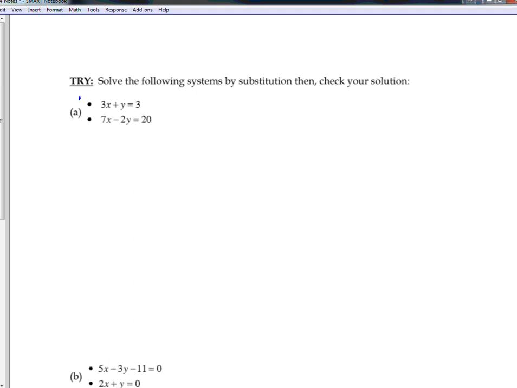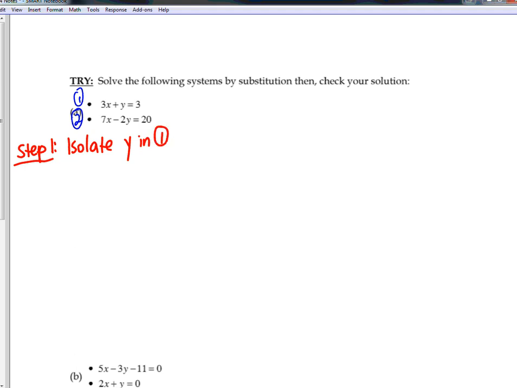Okay, equation 1 and 2. What should we rearrange? Step 1. Which one are we rearranging, 1 or 2? Isolate who? Who's the easiest one? Isolate y in 1.